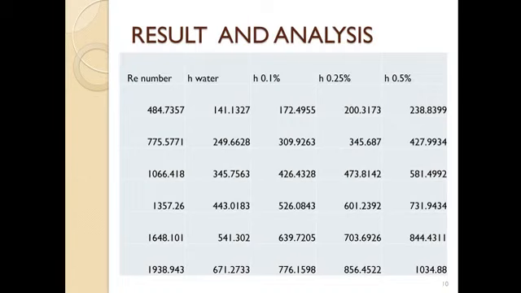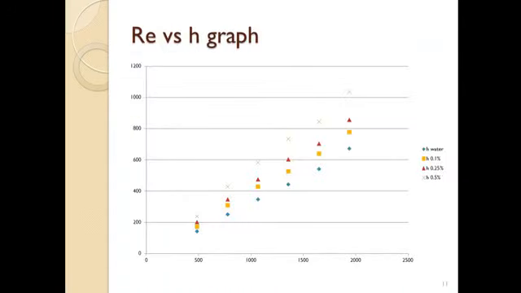Coming to results and analysis, this is the Reynolds number versus heat transfer coefficient. Here we can see the heat transfer coefficient of water and the 0.1, 0.25%, and 0.5% concentration fluids. Using this, we drew a graph of Reynolds number versus heat transfer coefficient for the 4 different values.